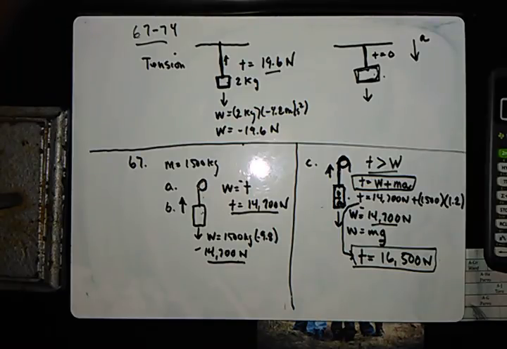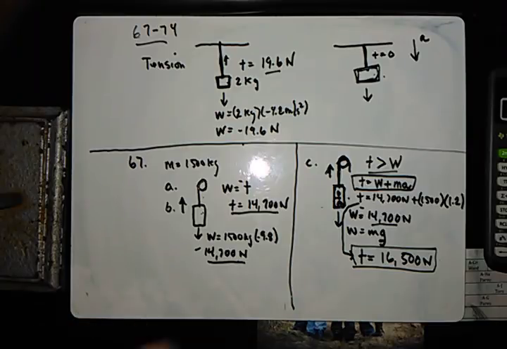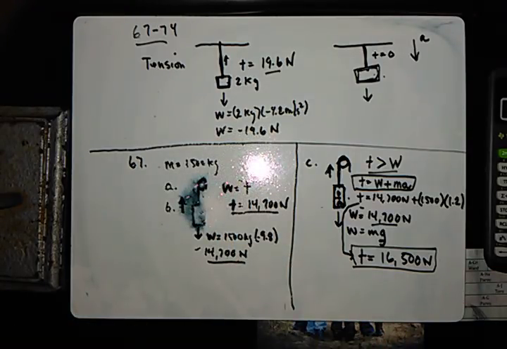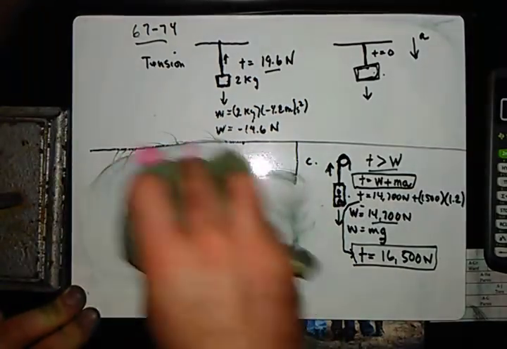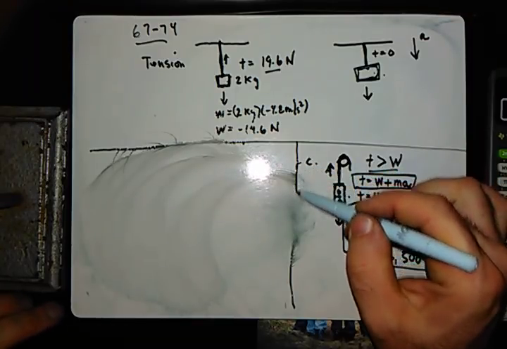Now, part C is done, but now we've got to figure out what part D would give us. We're still in 67, solving for tension.